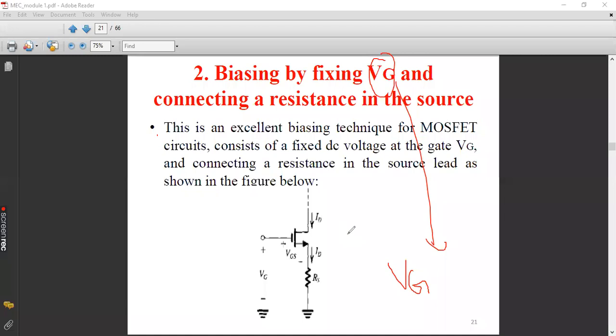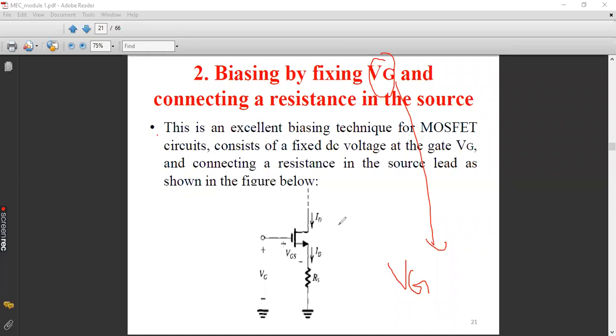In the previous case, you were concentrating on VGS because the source was directly grounded there, and we had not used any extra resistance RS at the source. But here, in the second kind of biasing technique, we are using a resistance RS connected at the source terminal. So we are concentrating on biasing by fixing VG, not VGS.